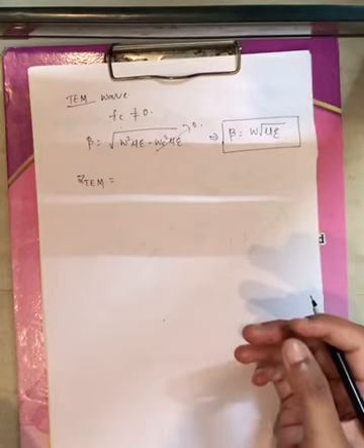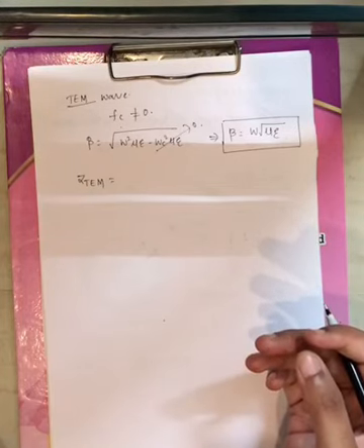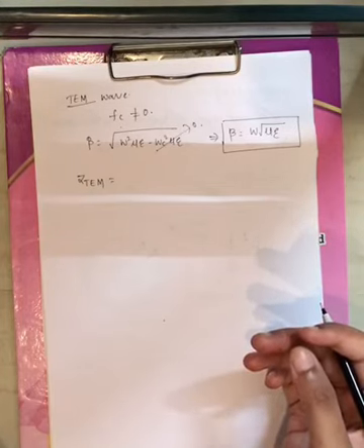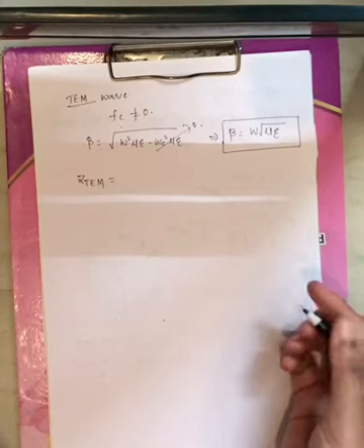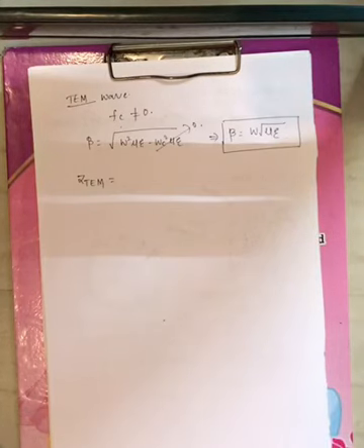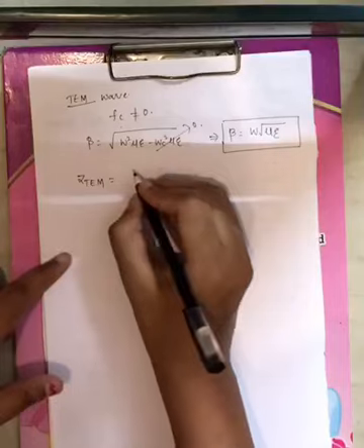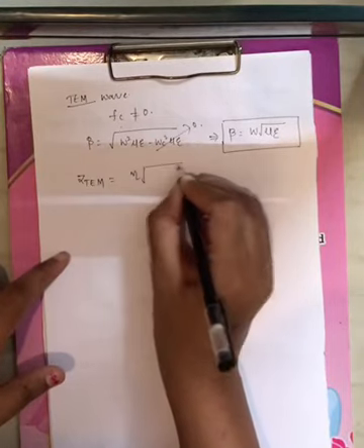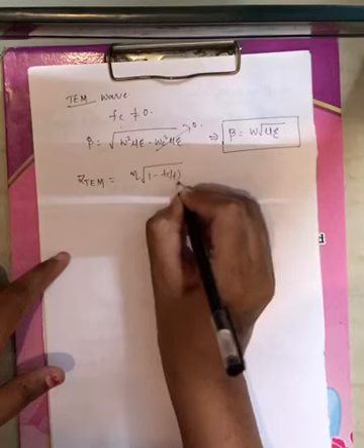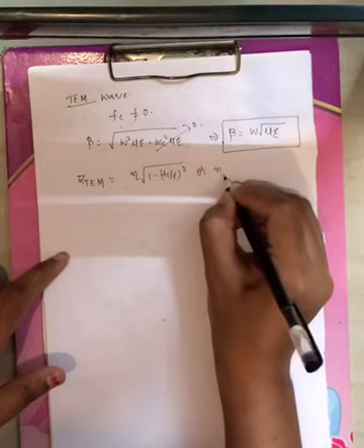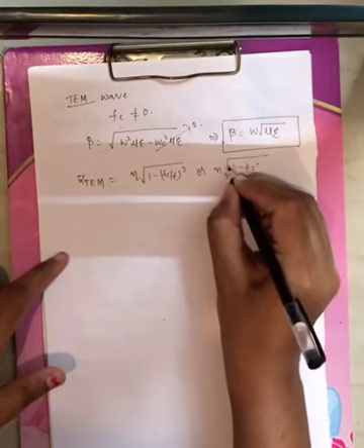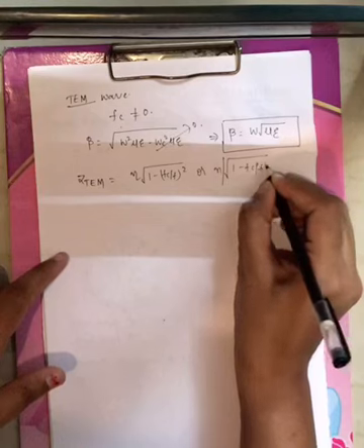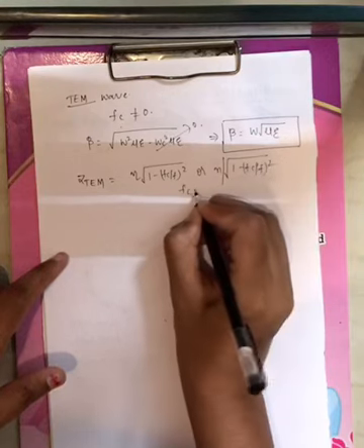Whether it is TE mode or TM mode, there you have a cutoff frequency, but here fc is not there. Now fc is 0.